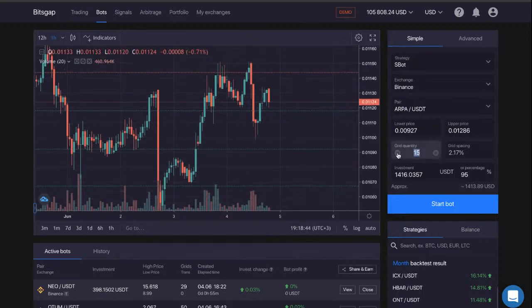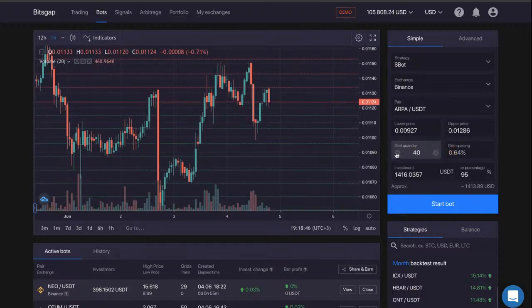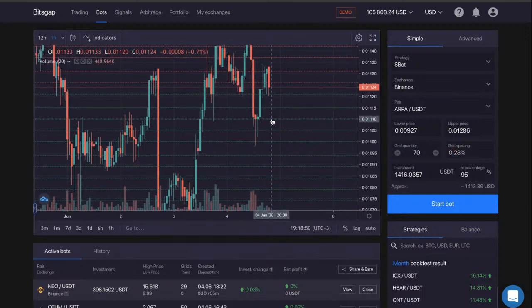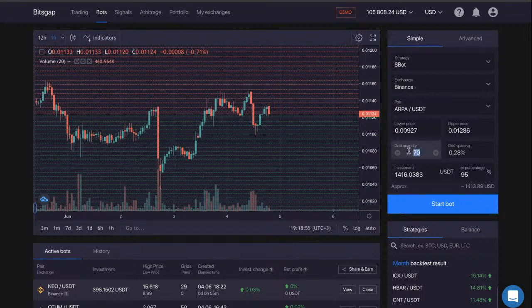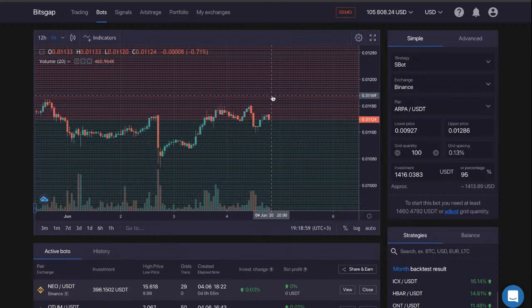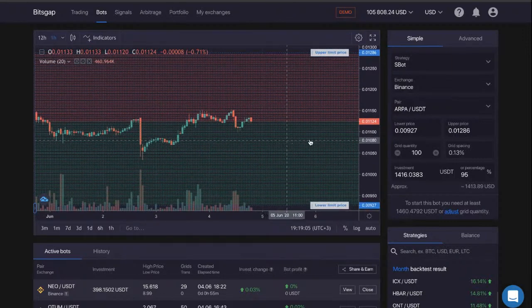All right, but when you have more levels, let's say you have 70, you see there would have occurred a bunch of trades here. So once again, the more grid levels you have, the more of the market swings you will be able to seize automatically.